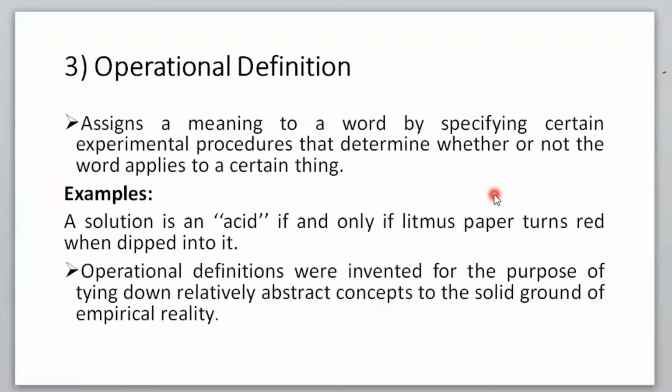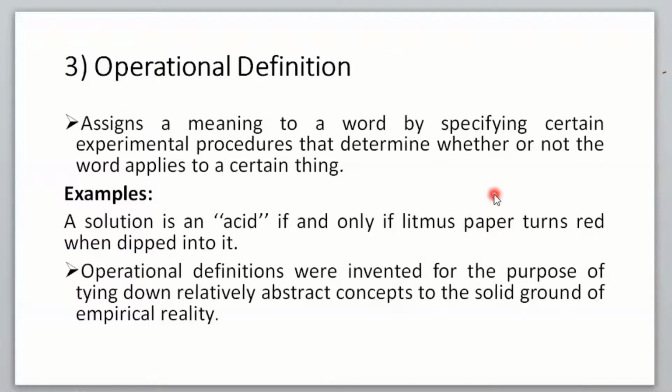If it is not changed into red, we cannot define that solution as an acid, because the experimental procedure should determine the acidity or the baseness or the neutrality of the solution.